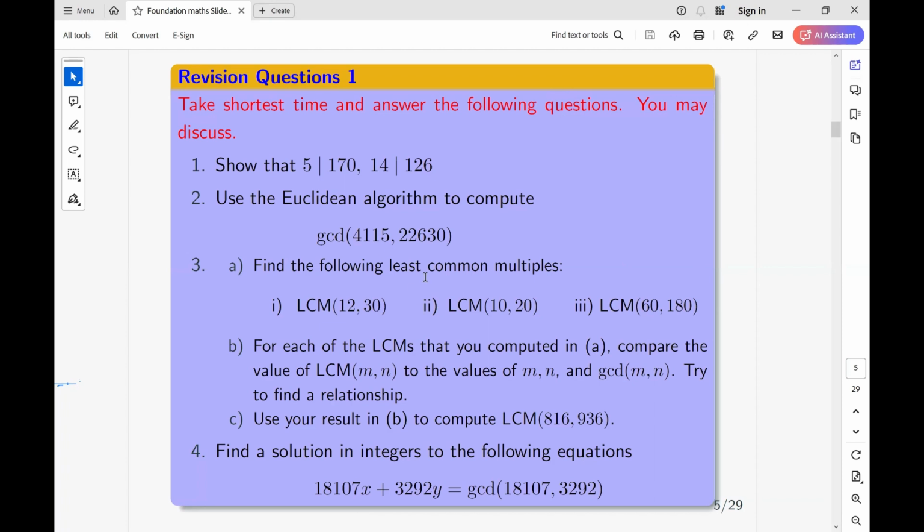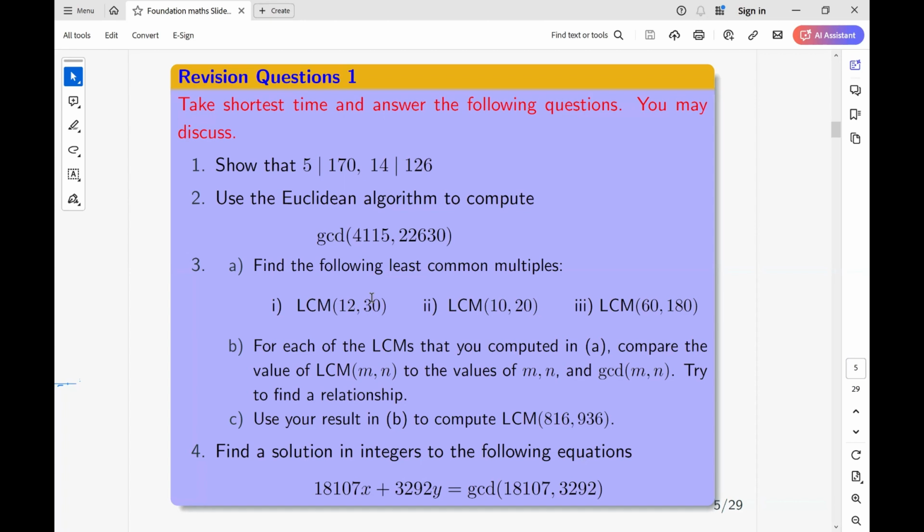Okay, are we done with part A, B, and C? I think you can now just move together. Is that okay? This one you can just do directly together. Yes, you want to try?